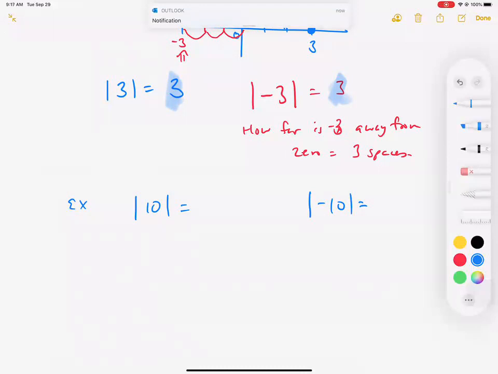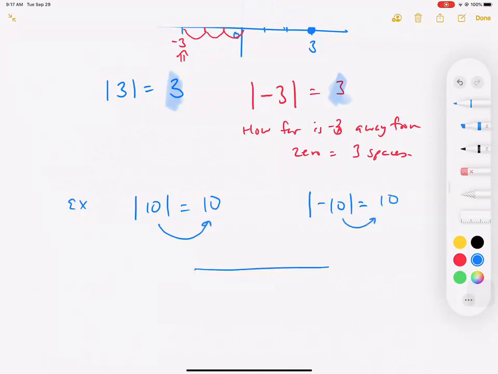How far is 10 away? How far is negative 10 away? So how far is positive 10? That's just going to be a positive 10. How far is negative 10? Well, that's also going to be a positive 10 away.